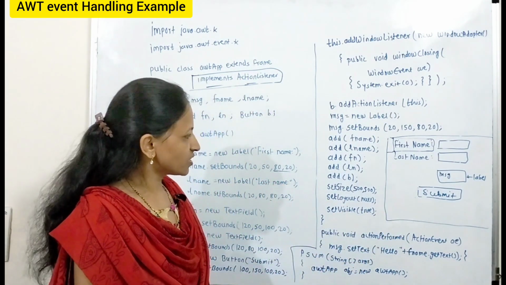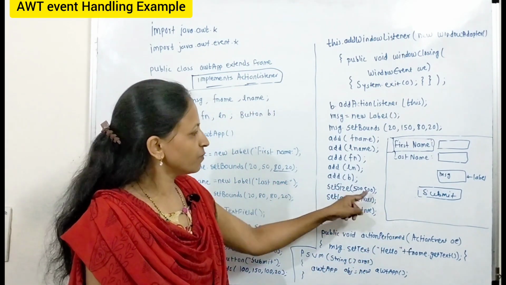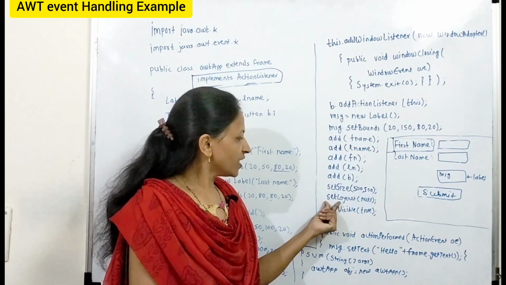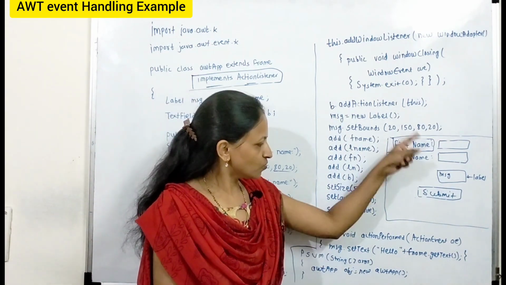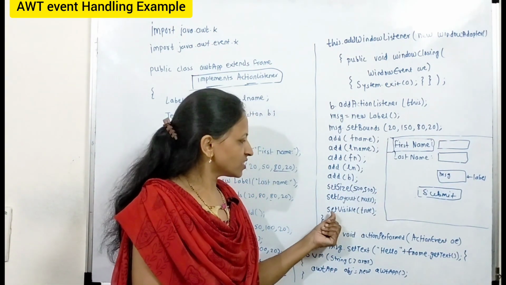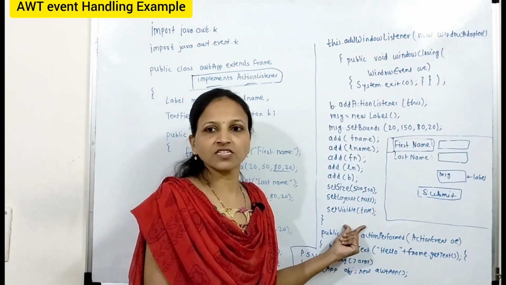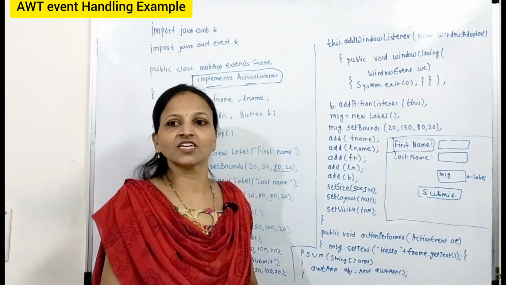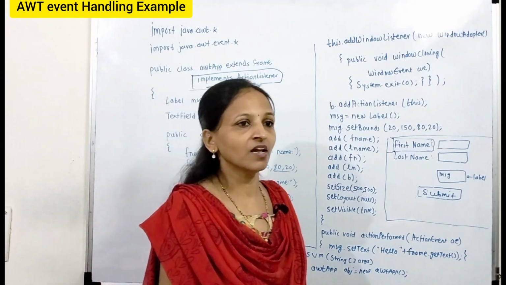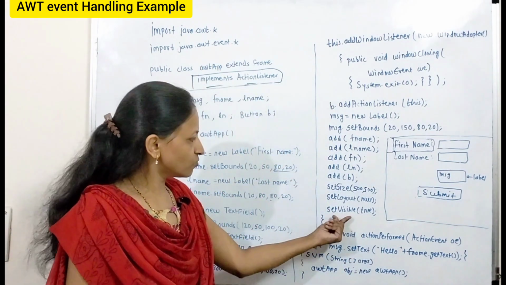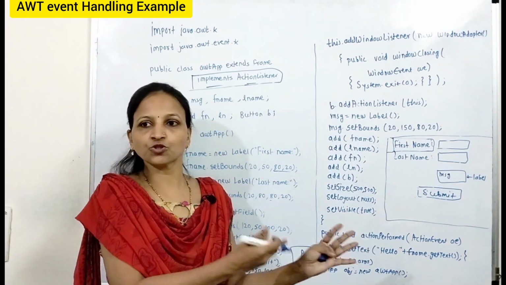Getting? Now the next point: we have set the size of the frame using setSize, set the layout using setLayout, and set visible equal to true. It is always compulsory because initially the frame is invisible. We have to use the setVisible method to show the frame.